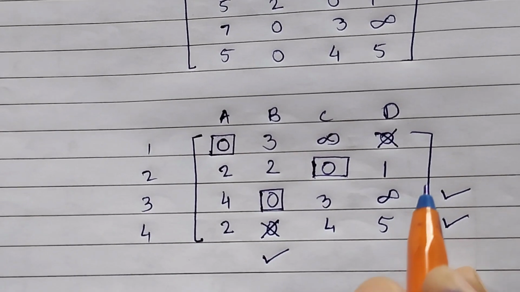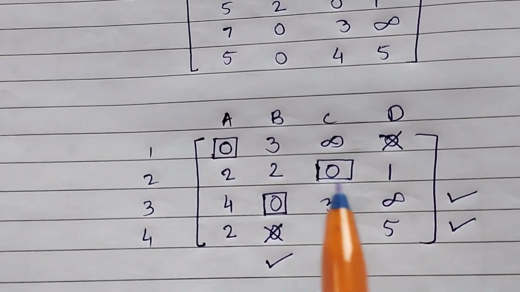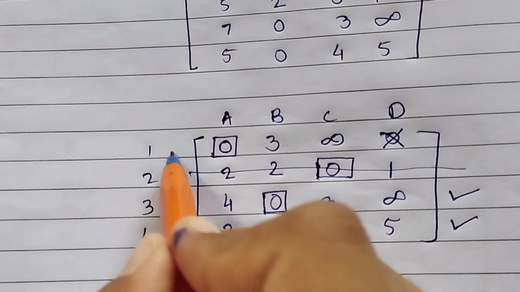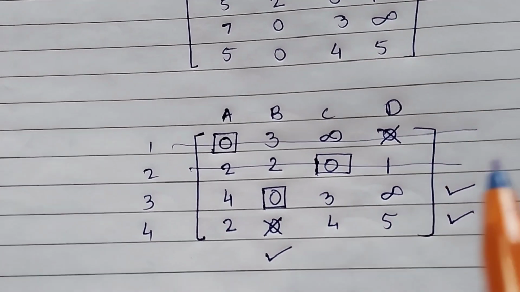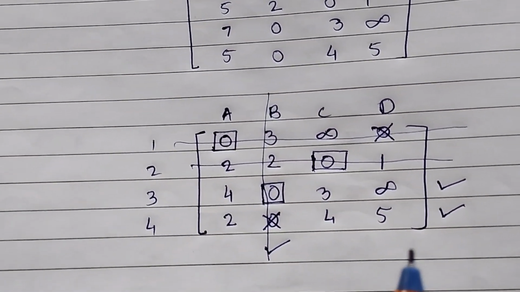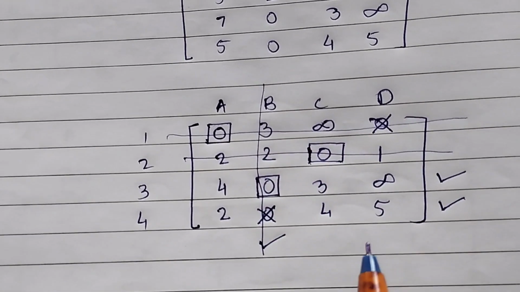Now we draw the lines. We draw the lines through the unmarked rows and the marked column, which is the second column. So with 3 lines we cover all the zeros of the cost matrix.